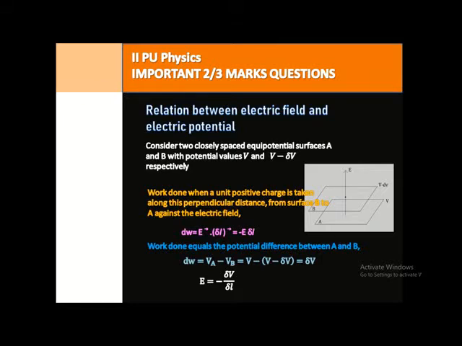Then work done dW is equal to E into delta L, or minus E into delta L, because the work done is against the direction of electric field. Then work done is equal to the potential difference between A and B. Therefore, dW is equal to VA minus VB, or V minus of V minus delta V. Here V and minus V cancel, and minus of minus delta V becomes plus delta V. Therefore, we obtain the relation: electric field E is equal to minus delta V by delta L.